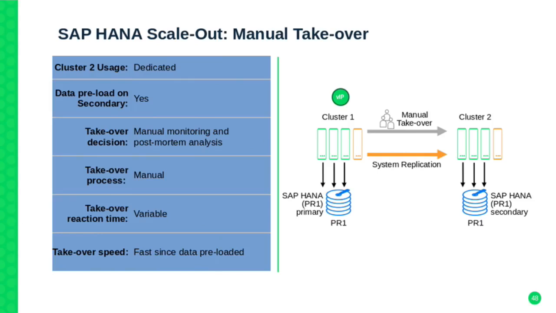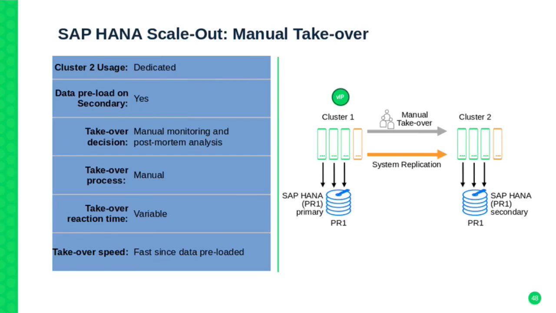The reaction time, again, is variable. Again, you need to have some processes in place to detect that there's a failover. And the failover process, of course, is manual, because your administrators need to unmount those file systems, fence the old system, move the IP addresses, mount the file system, and so on and so forth when you have shared file systems.